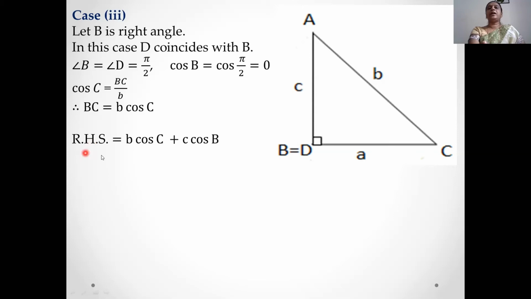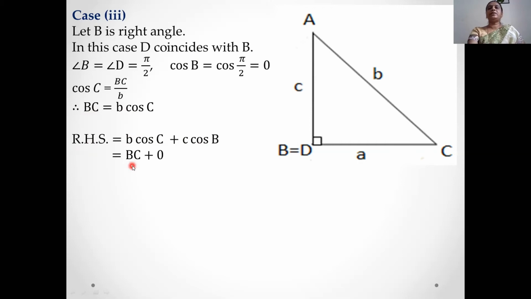Now, take the right hand side of the first equation, that is b cos C plus c cos B. Then in the next step, this b cos C is nothing but BC. You write down that, and here the value of cos B is 0. See here, the value of cos B is 0. If we put in this equation the value of cos B as 0, then this term will be 0.